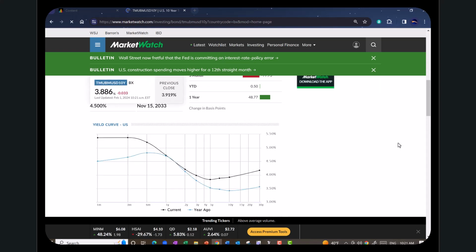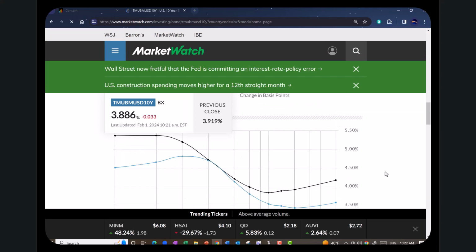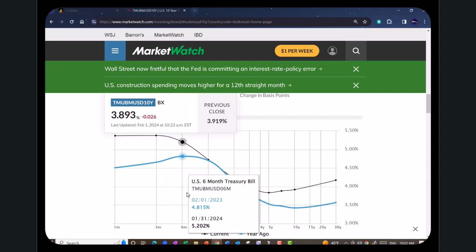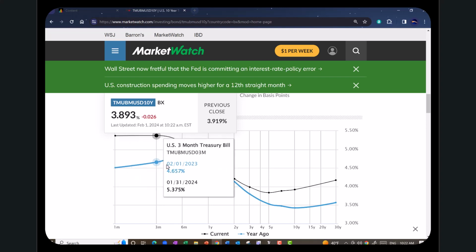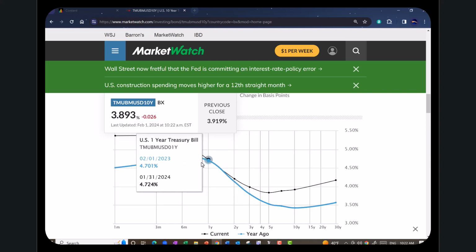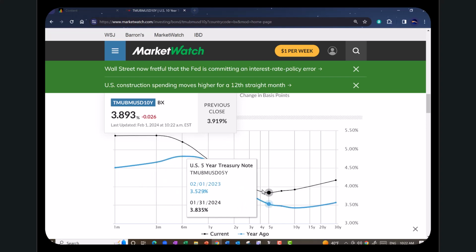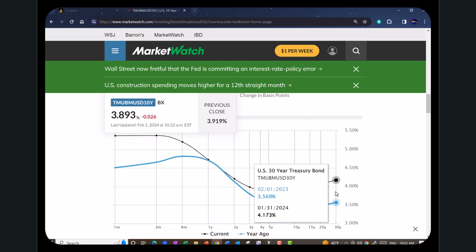Let me zoom a little bit. Okay. We know the 1 month rate, 3 months, 6 months, 1 year, 2 years, 3, 5, 7, 10, and 30.